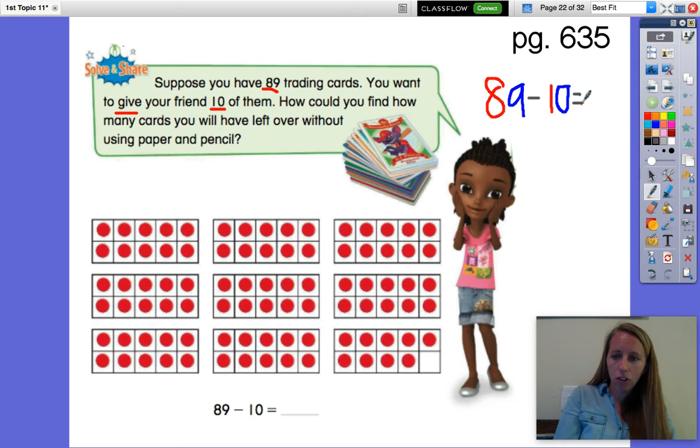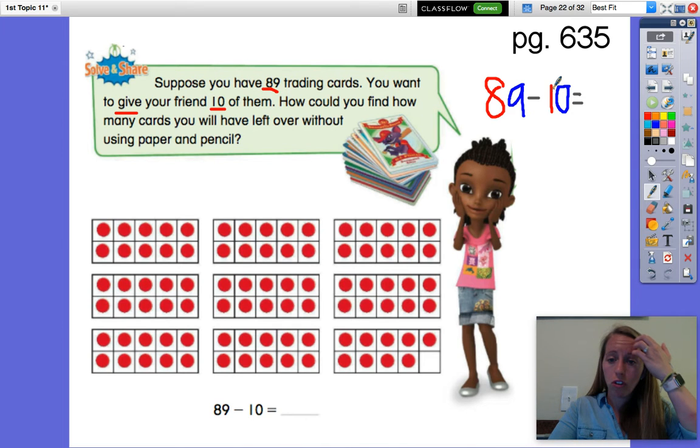And that's how it's going to help you solve 89 minus 10 using mental math. So if you look at the tens digit, 8 for 80 and 1 for 10, right? There's 8 tens and 1 ten.